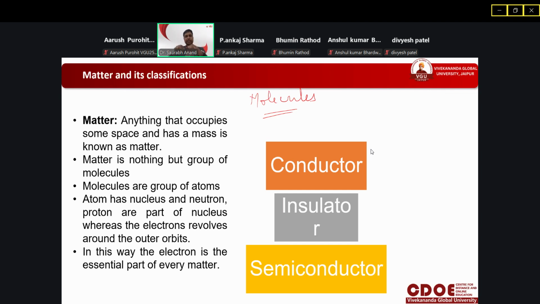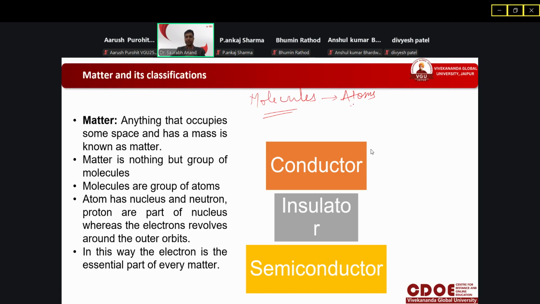If we take one molecule, inside it there will be atoms. And whenever we do research, there is curiosity to know more. After getting the molecule, there was curiosity to know what is inside it. After getting atoms, we have curiosity to go inside the atoms.